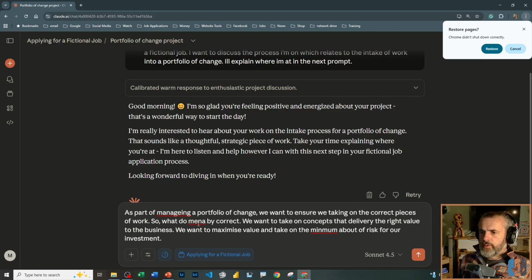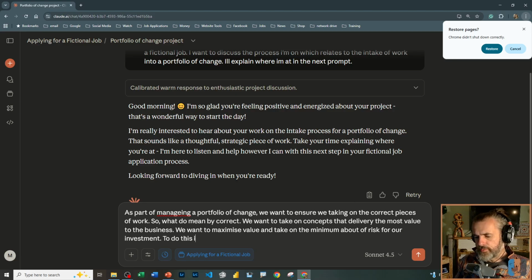So what do I mean by correct? We want to take on concepts that deliver the most value to the business. We want to maximize the value and take on the minimum amount of risk for our investment.